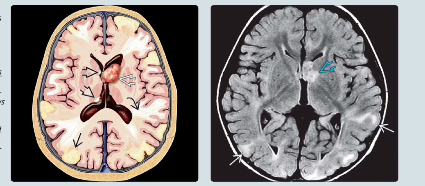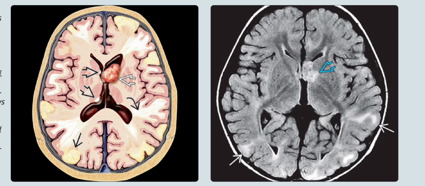Starting with the cases of tuberous sclerosis, the left image is the axial graphic of the typical brain involvement in tuberous sclerosis complex, and it shows a giant cell astrocytoma in the left foramen of Monro, subependymal nodules, radial migration lines, and cortical/subcortical tubers.